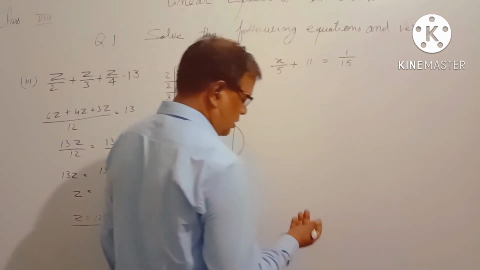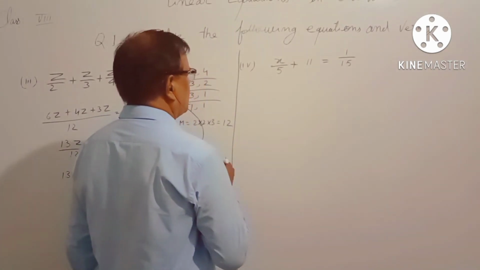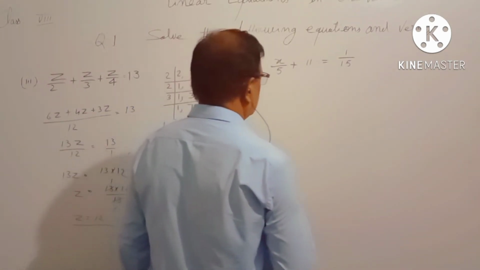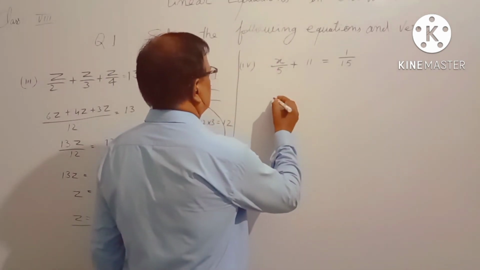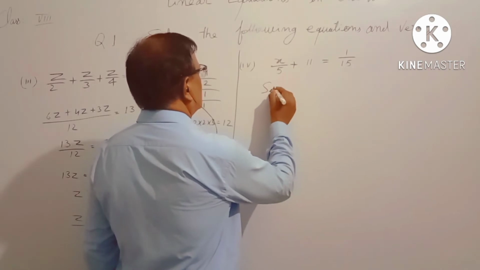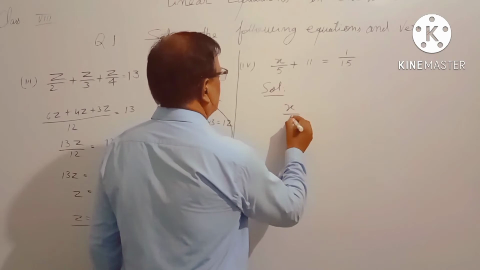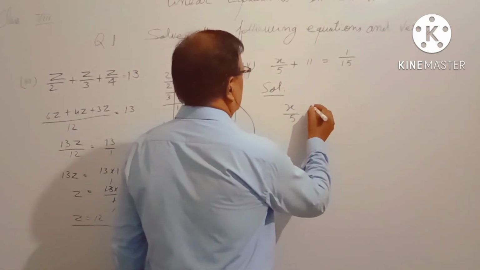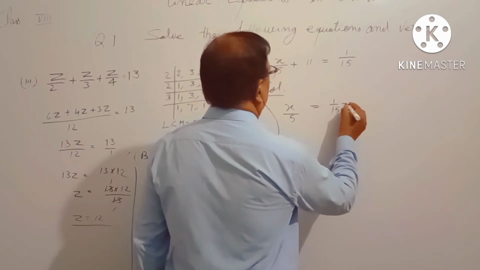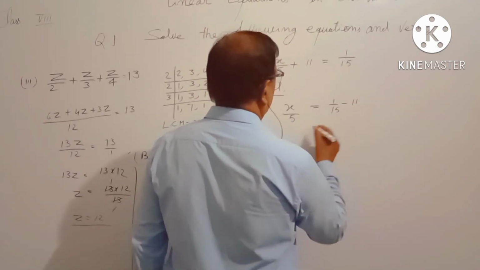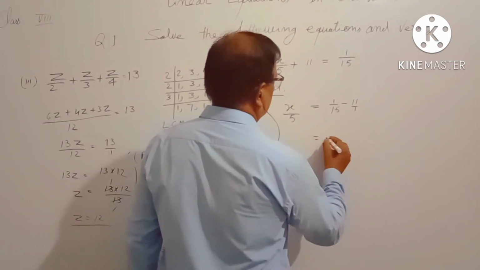As we are seeing here, the variable is x and we want to find the value of x. Now we transpose a constant to the right side, and the solution is this way. We will solve here, and x by 5 is equal to 1 by 15 minus 11. We can write 1 also as 1 by 11 and take the LCM.